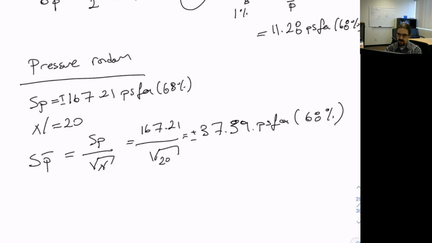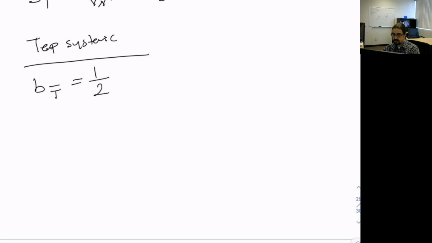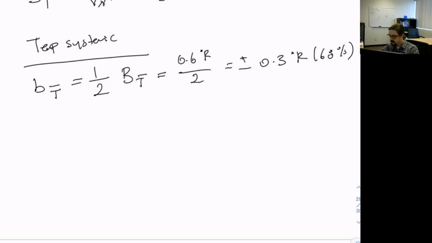So what happens to my temperature systemic error then? My systemic error at 68 percentile, which I'm going to call small bt, is going to be 1 over 2 of big BT, and that's going to be 0.6 Rankine divided by 2, which is plus minus 0.3 Rankines at 68 percentile.